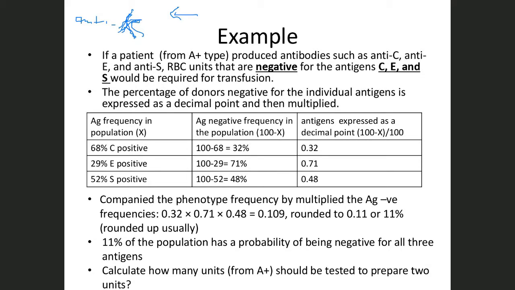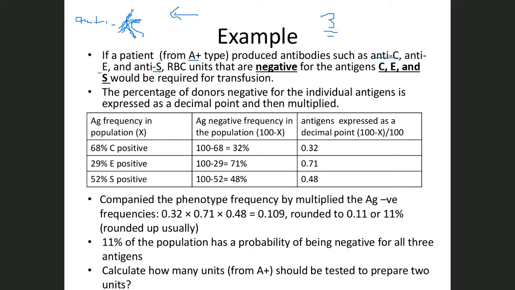So a patient, for example of A type, produces multiple antibodies. We found anti-big C, also anti-E, and also anti-big S. So this patient has different antibodies, isn't it?